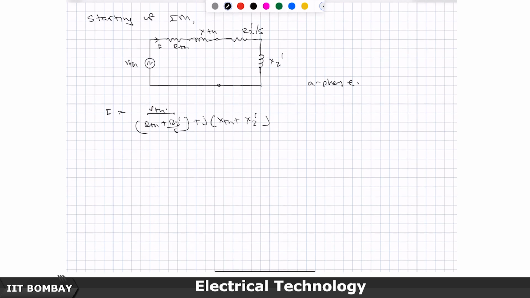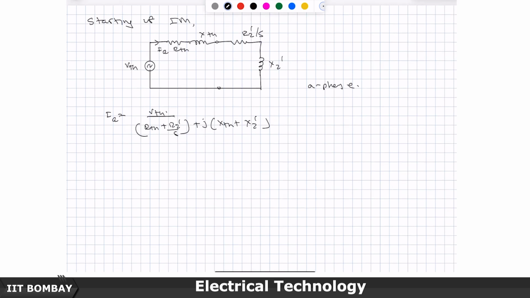This is the current in the A phase of the induction machine, and then the power which is transferred to the secondary, that means through the air gap, is basically the power which is transferred here to the R2 dash.